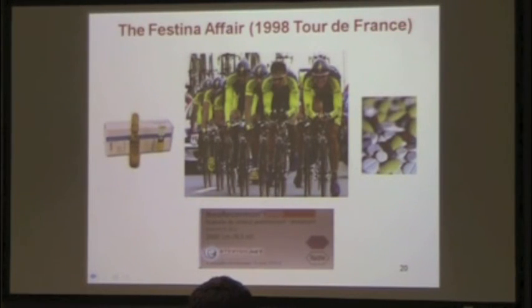And the policeman who stopped him decided to search the car. And on searching the car, he found a whole mother lode of drugs. Everything you can imagine. Amphetamines, EPO, human growth hormone, steroids, the whole gamut. It was all there. And of course, the policeman reported it to the authorities, and the race went on.